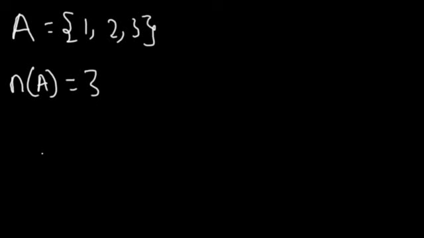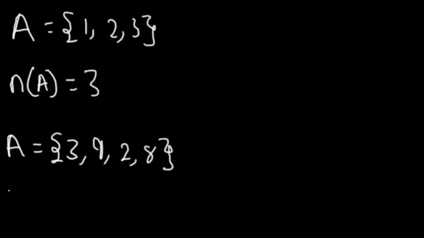So let's try to work out an example. Okay, so let's say A is a set that includes elements 3, 9, 2, 8. Let me use a different example. And set B includes elements 4, 5, 1, 3.